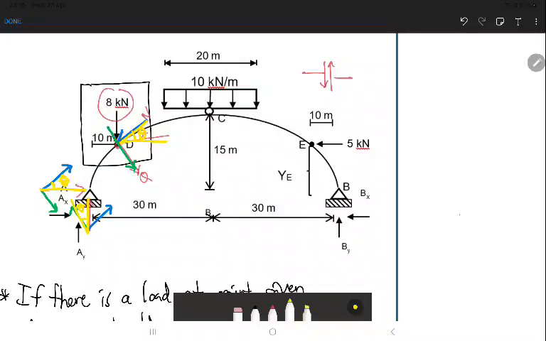Did you remember this concept, sine of the nearest theta is equal to cosine theta? So that, you have to find what is Ay and Ax first.